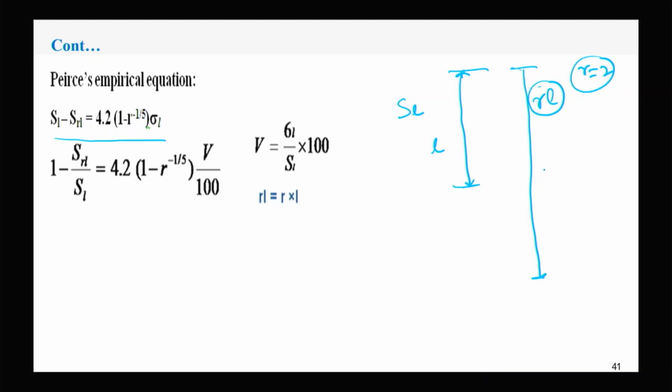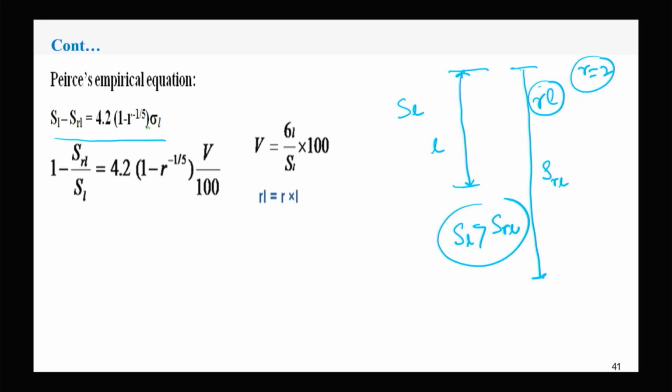In that case, the strength will be SRL, and using the weak link effect, SL will be more than SRL.